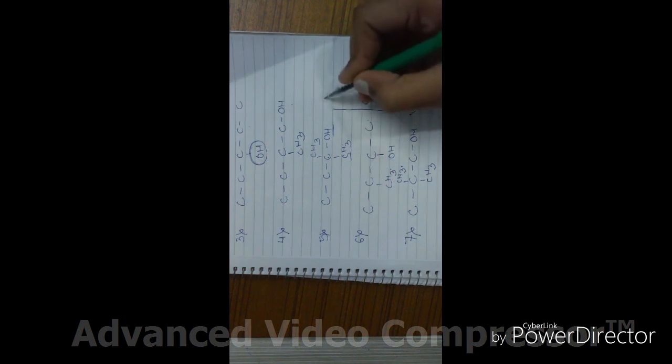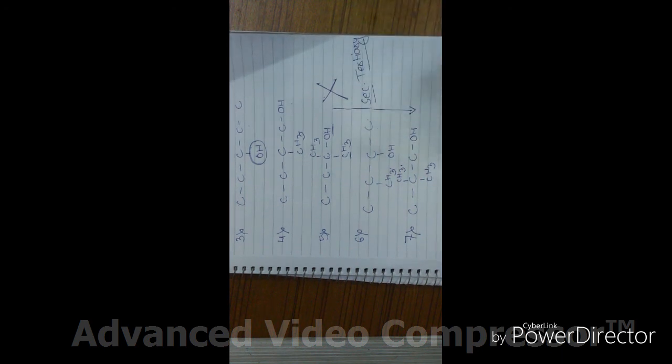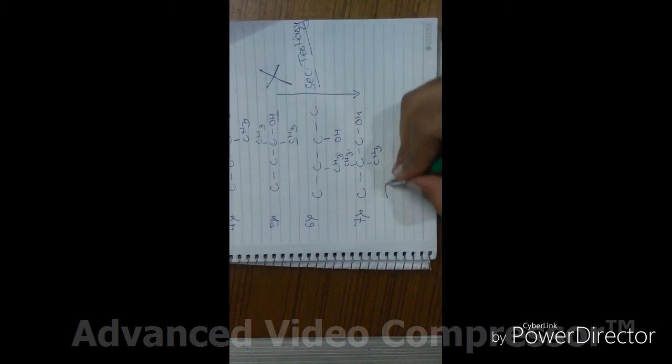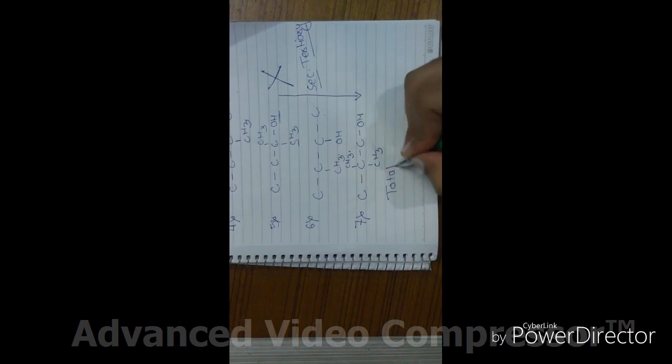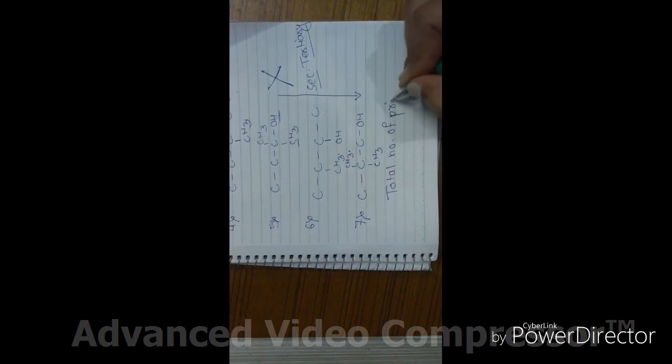So in this question we should not count the isomers in secondary and tertiary form. So the total number of primary isomers equals 4.